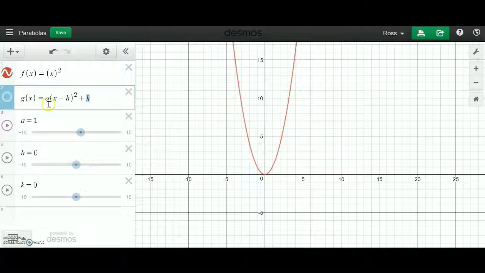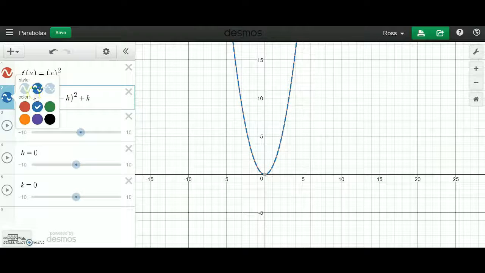So if you were to substitute in 1, 0, and 0, you would see that this function is actually exactly the same as what we have with the red function. And you can see that if I display it like this, the red function is right behind the blue function.